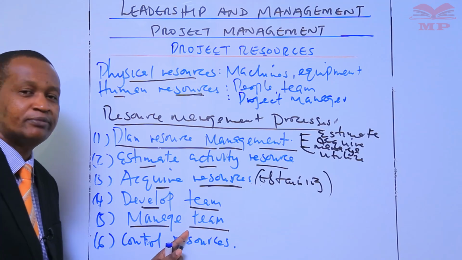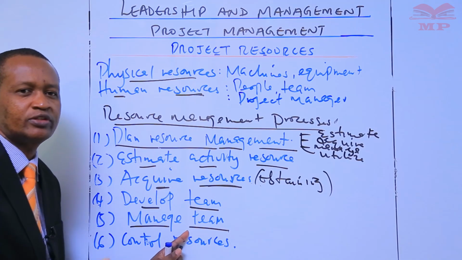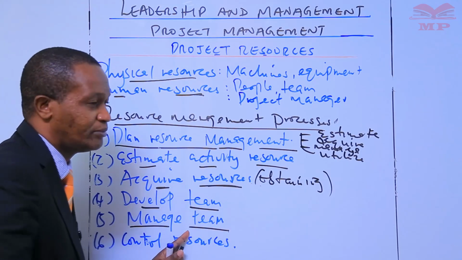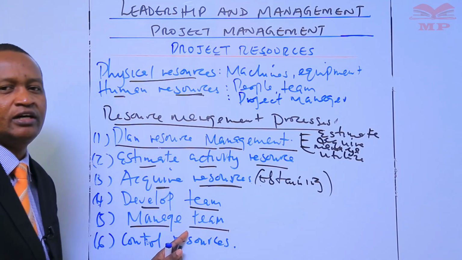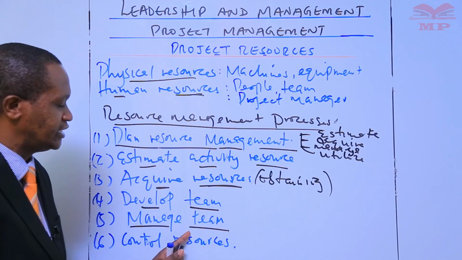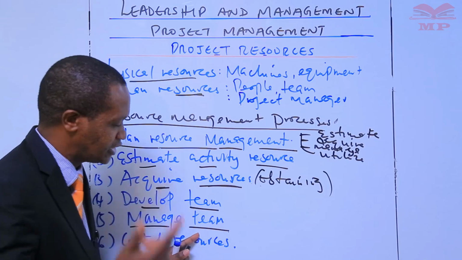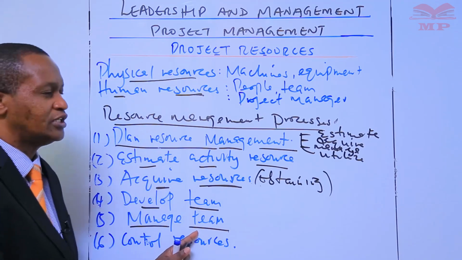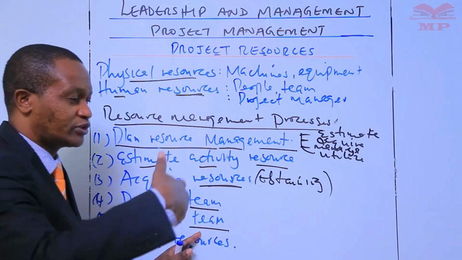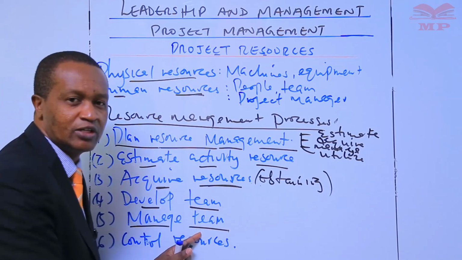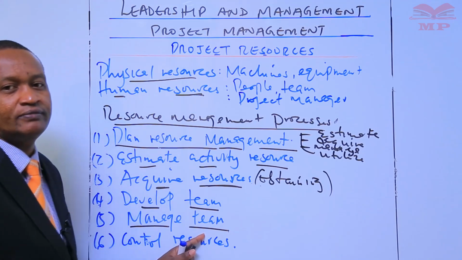And these project managers also need to be sensitive to both the willingness and the ability of the team members to perform their work and adjust their management and leadership styles accordingly. It's important for the project managers to be sensitive when to use autocratic style of leadership, laissez-faire style of leadership, democratic style of leadership, participative style of leadership, as the case may be.